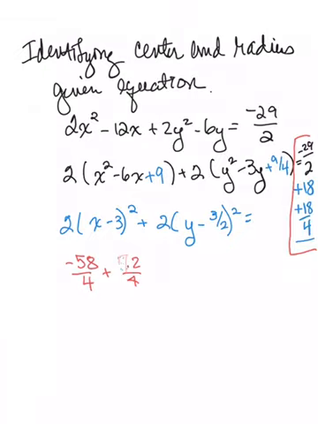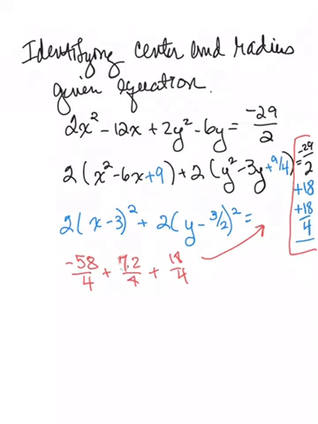So that's equal to 18 plus 18 fourths. So I'm looking for the total right there. So I have 72 minus 58 plus 18 equals 32.